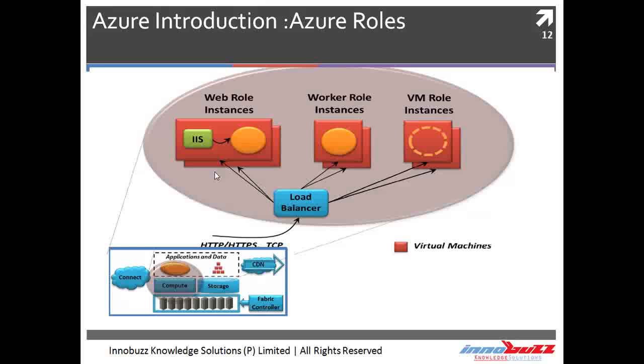Each web role instance has Internet Information Services, that's IIS, version 7 pre-configured inside it. So creating applications using ASP.NET, Windows Communication Foundation, or other web technologies is straightforward. Of course, you have the subscription for IIS. So you create and you publish it over the cloud.